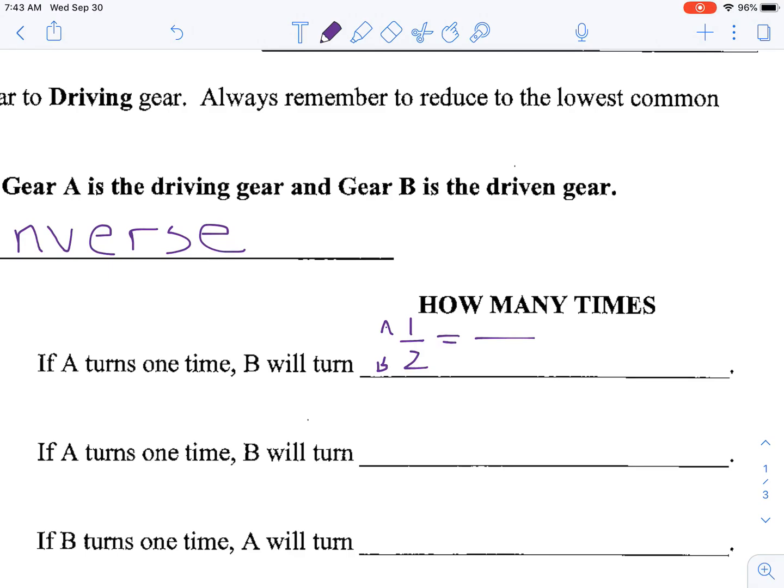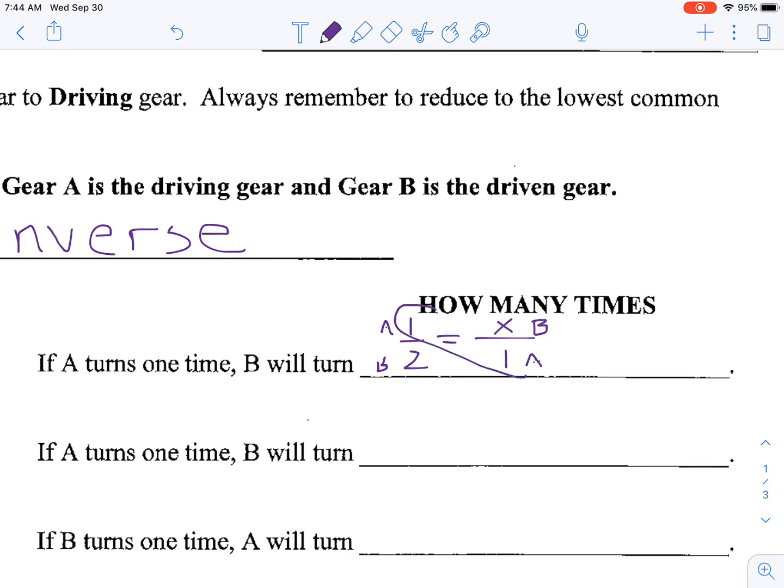And then because it's an inverse proportion, when we talk about how many turns it does, we flip it over and we put the A down here and the X, the B, the part we don't know, on the top. We set it up inversely to each other.